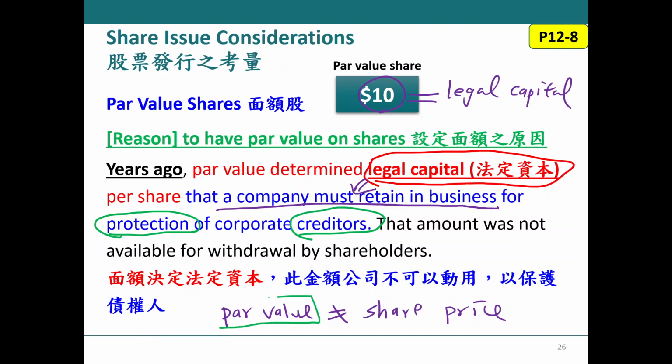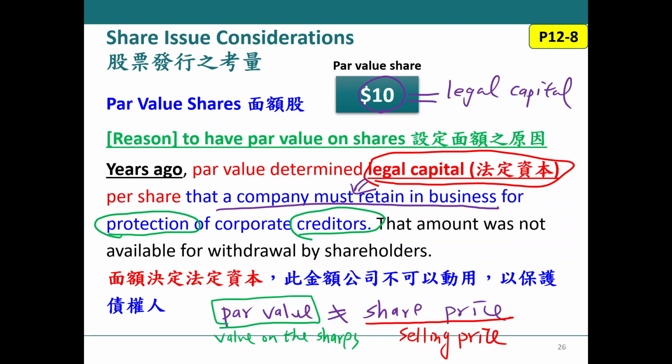Par value is the value on the shares. Share price means the selling price. So it's not the same, but you always get confused.